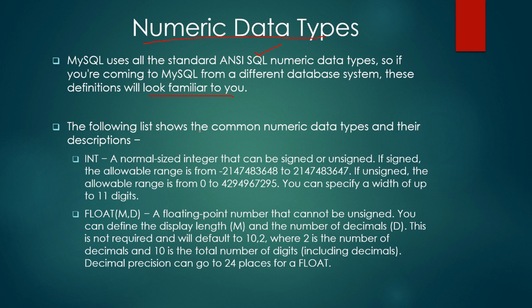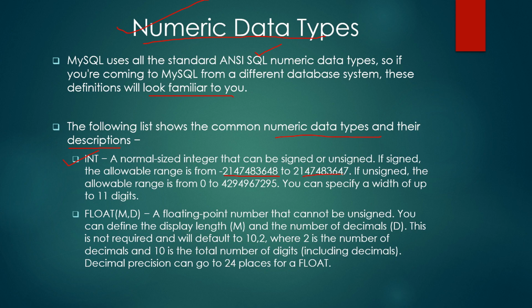The following list shows the common numeric data types and their description. Under this category there are actually many data types, but I have just shown 2 to 3 of them. First is int, most commonly used. A normal sized integer can be signed or unsigned. Signed and unsigned mean negative or positive. If signed, the allowable range is from this to this.